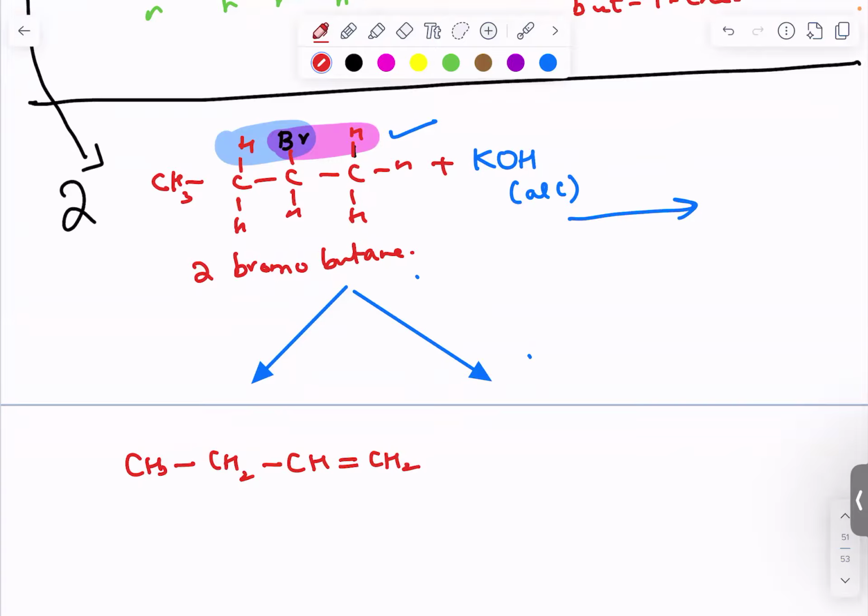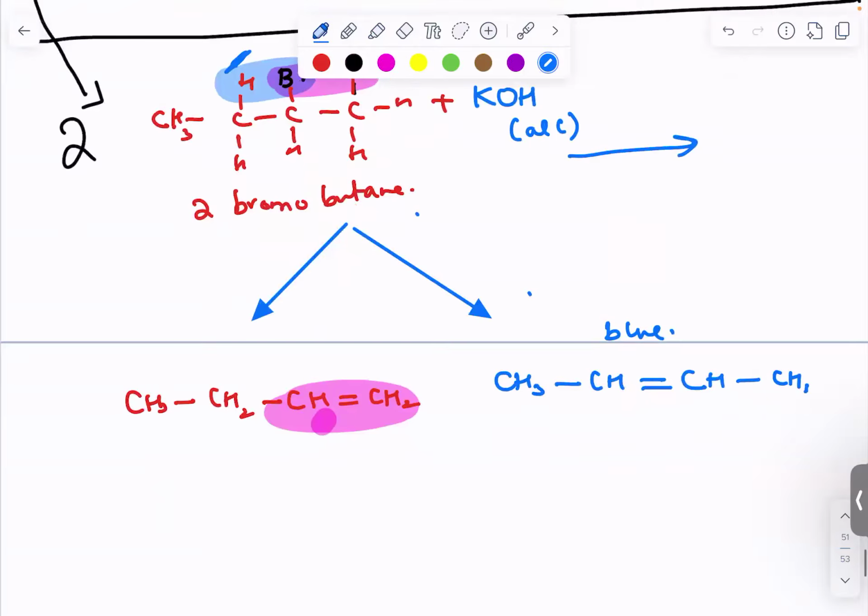This is for the pink one. Just to color code it. Now, if I take the other one, that means the blue one, I am going to get CH3, CH double bond CH3. This is for the blue one, where I used the blue highlighter.